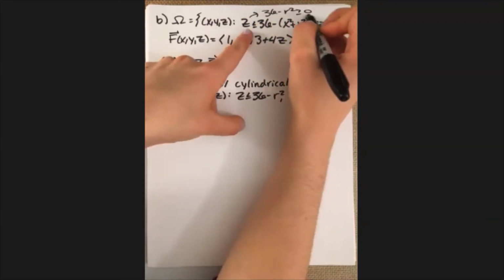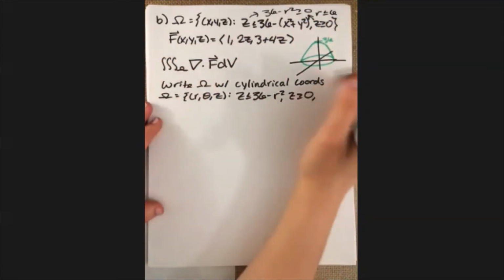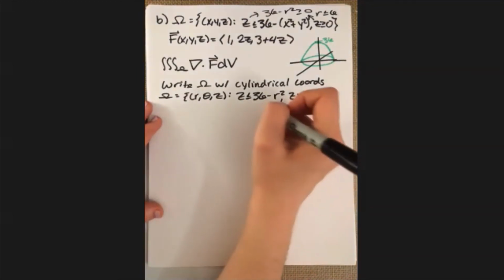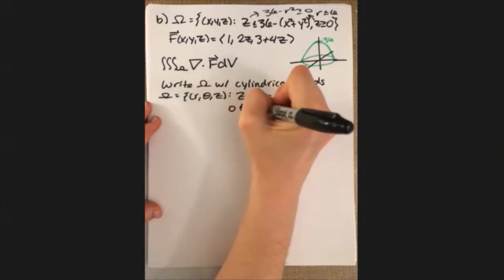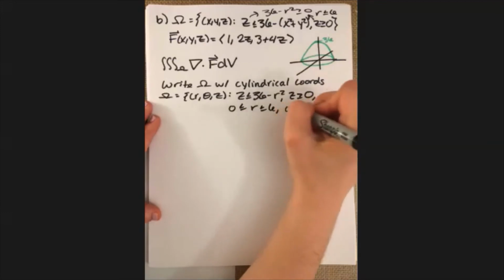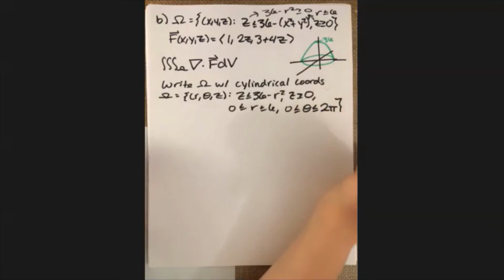It comes from both of these two pieces, which means that r has to be less than or equal to 6. So 0 less than or equal to r less than or equal to 6. And then finally, because we're going all the way around the circle, we need theta to be between 0 and 2 pi. So those are going to become our bounds of integration.